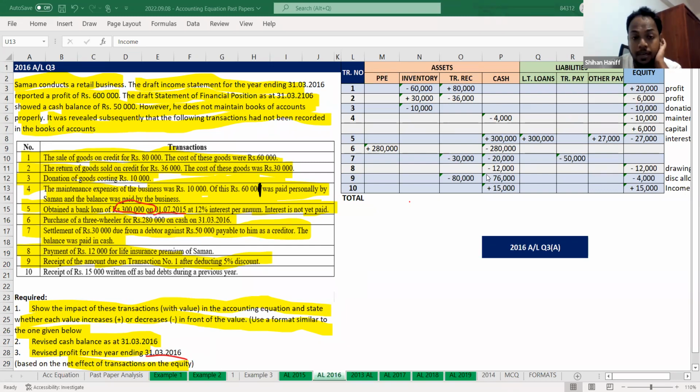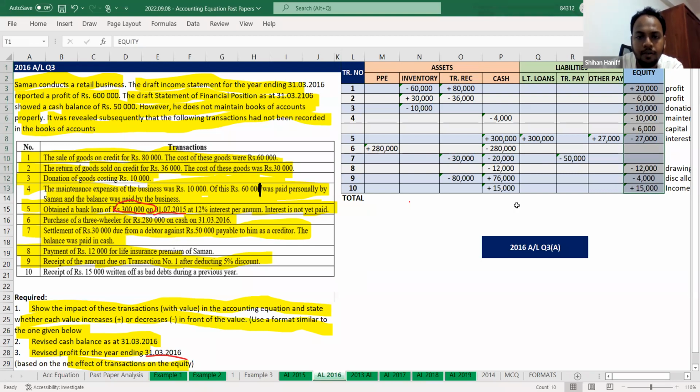If they have not mentioned, then you can use any convenient method, depending on the question. Mostly, if the income and expenses are recorded in the equity column, it is easy to use the equation method. Equation method is easy.